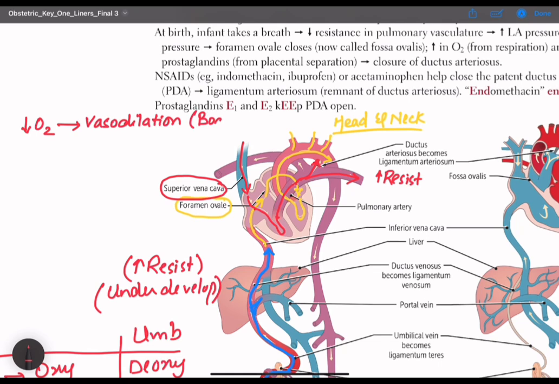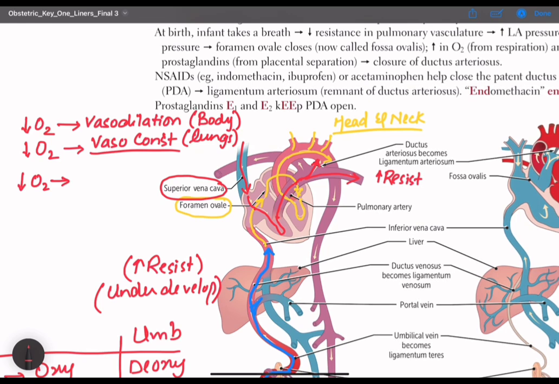But in lungs, when there is decreased O2 delivery, there is localized vasoconstriction. This localized vasoconstriction ensures that only those alveoli are perfused which have adequate oxygen supply. Thus, in fetus, since the oxygen status is low, the lungs offer highest resistance. This occurs in fetus.